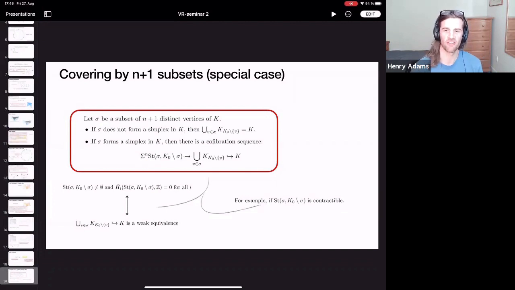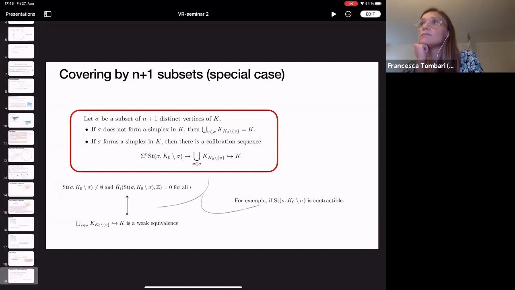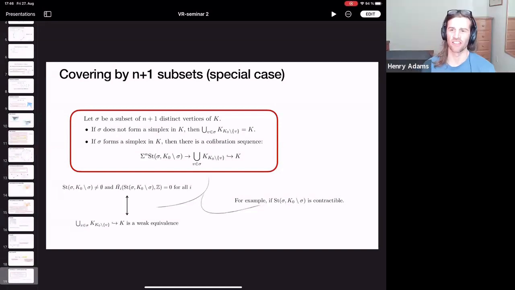One I have in mind is products. If you have two metric spaces and form their product, and the metric is defined with the sup norm, then the Rips complex of the product is homotopy equivalent to the product of the Rips complexes.